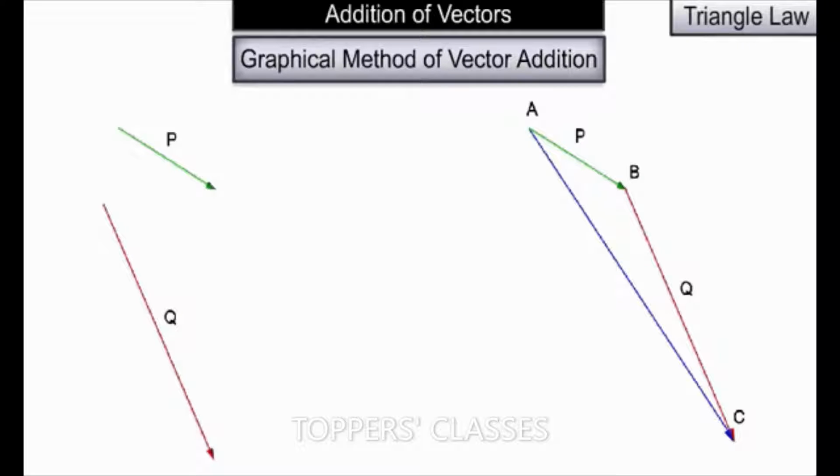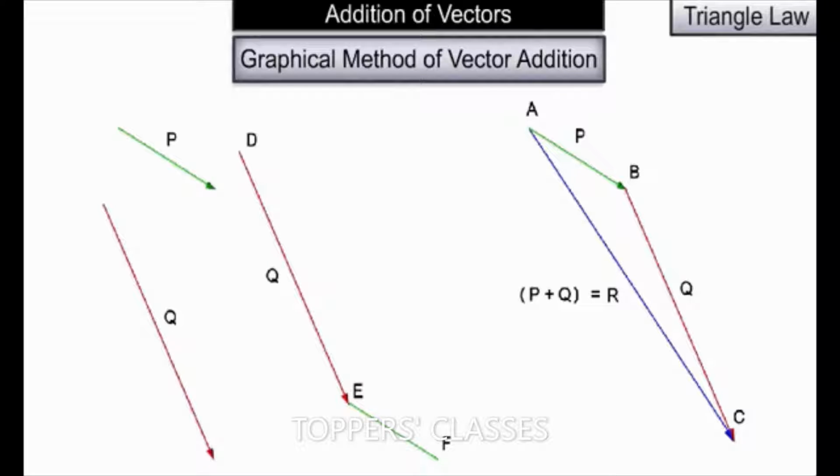Similarly, draw a line DE parallel to Q. The length of the line DE is equal to the length of Q. Display an arrowhead at E. Then draw line EF parallel to P and equal to the length of P. Put an arrowhead at F. The tail of P coincides with the head of Q. Now join DF.